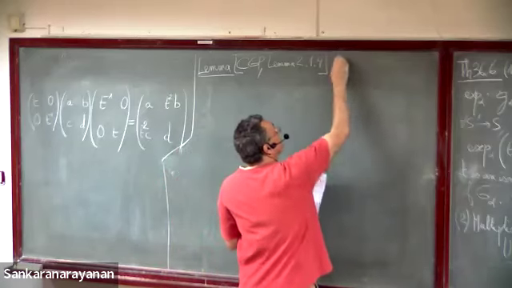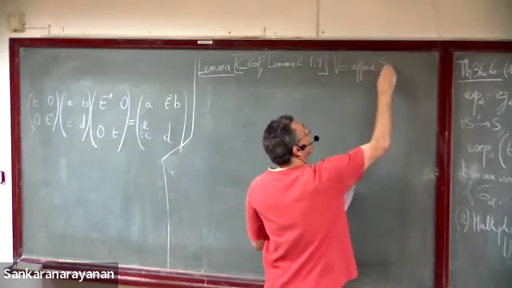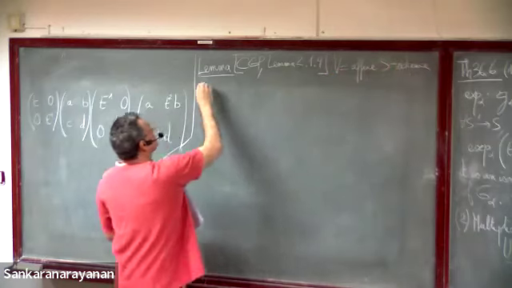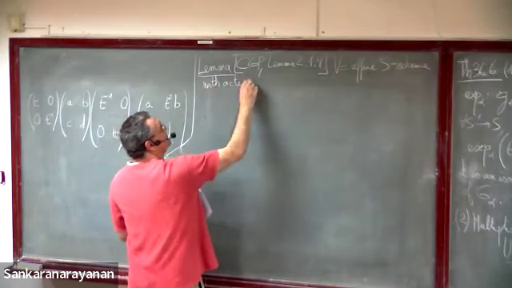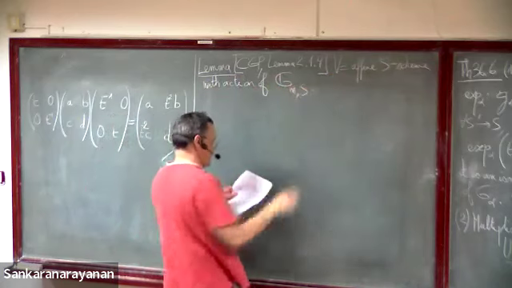Okay, and so let V be an affine S scheme with an action of the multiplicative group.